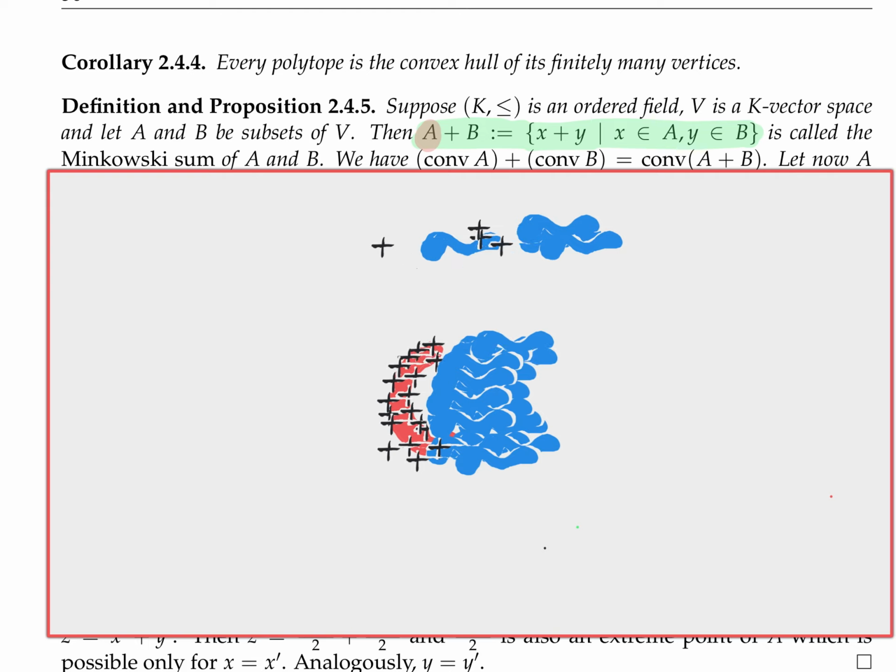So this is a nice thing to play with. Right, something like this.